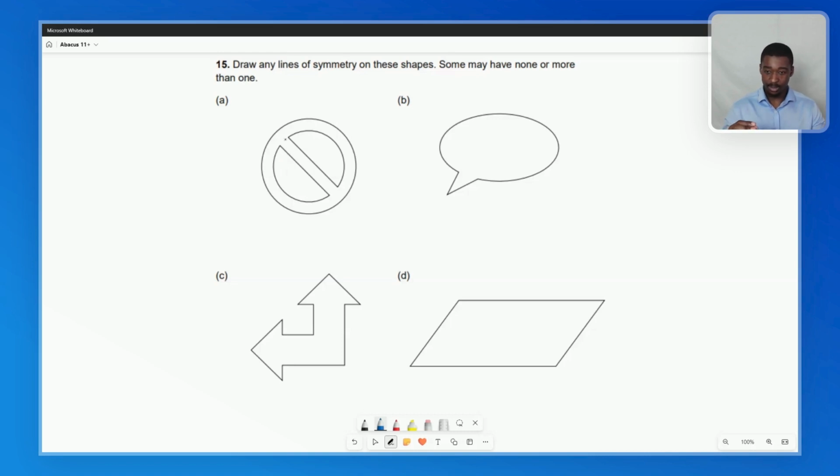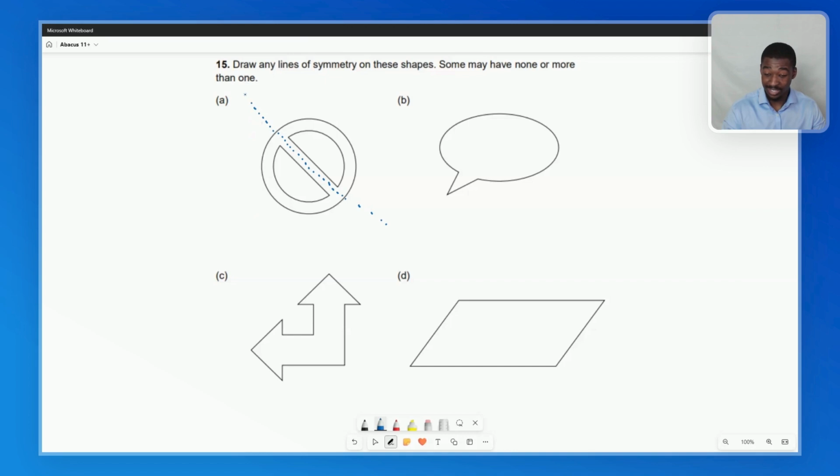For each of these shapes, we're trying to draw a line where if we fold the shape on that line and we fold it over, there would be no overlaps. So here, for part A, we have 2 lines of symmetry. You can see I've already drawn one.